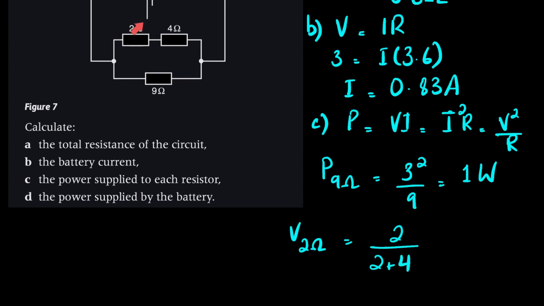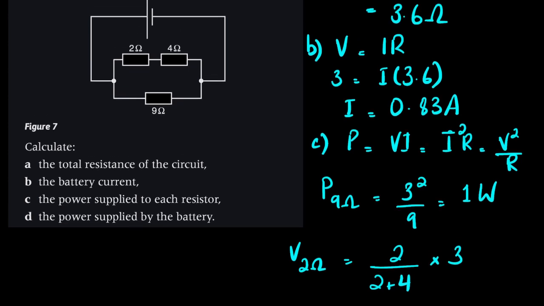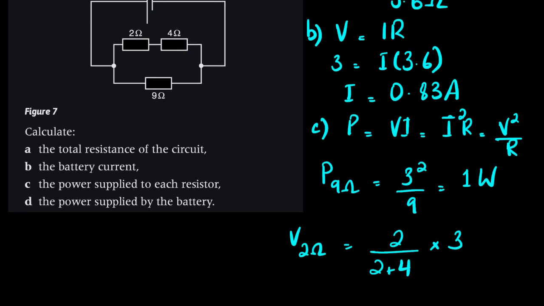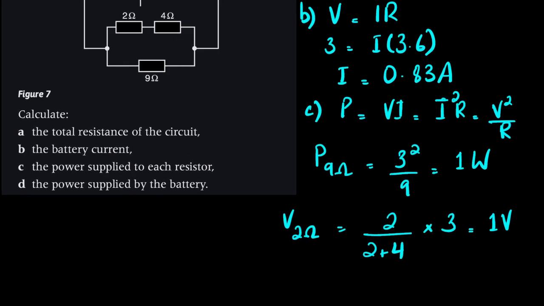So the resistance of one divided by the total resistance of both, multiplied by the voltage appearing in net across both of these. So 3 appears across these ends. That would give me the voltage across the 2 ohm resistor, which is 1 volt. And then I can see that the remaining 2 volts, because the total is 3, must be appearing across the 4 ohm resistor. So basically 3 minus 1 gives me 2.